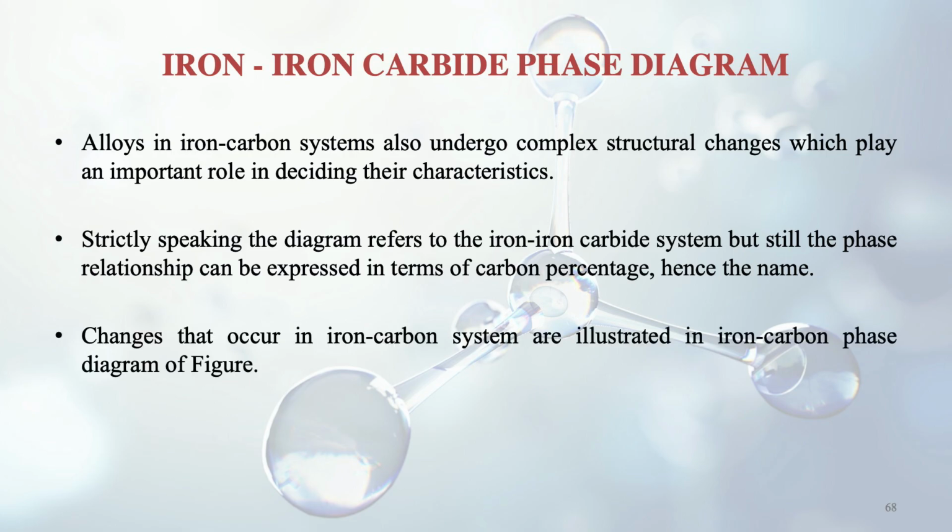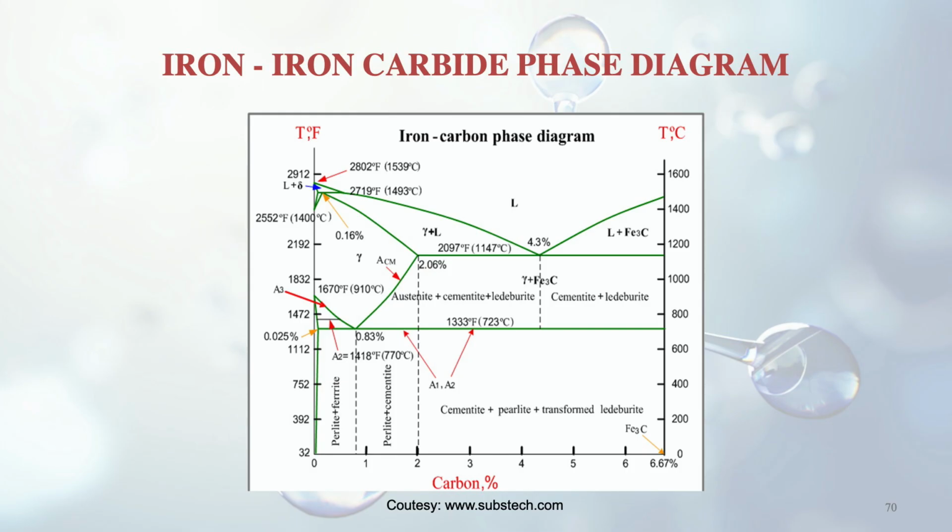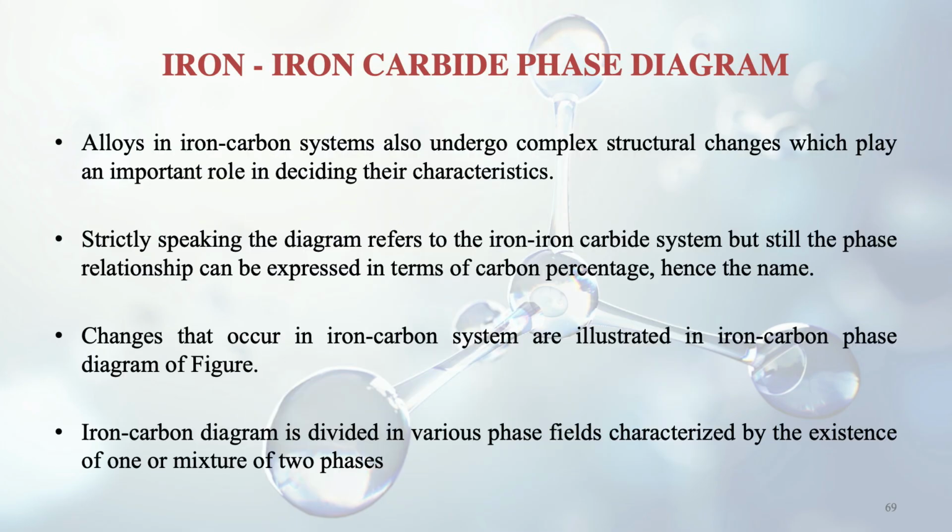Changes that occur in iron carbon system are illustrated in the iron carbon phase diagram, which is given in the figure. The iron carbon diagram is divided into various phase fields characterized by the existence of one or a mixture of two phases. So there may be different kinds of phases, meaning solid, liquid, or a mixture of both.